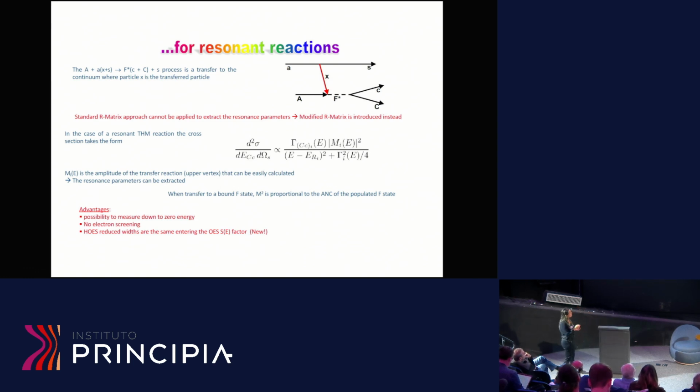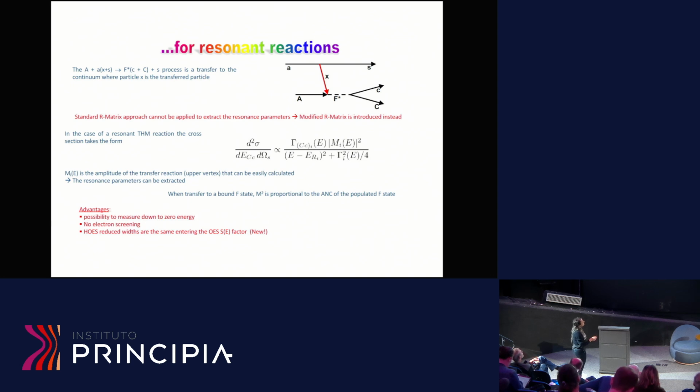In order to account for this resonant behavior of your reaction, a theory has been developed by Akram Mukhamedzhanov, also to account for the off-shell nature of this two-body entrance channel. So for resonant reactions, you can indeed consider what is sketched here as a transfer.